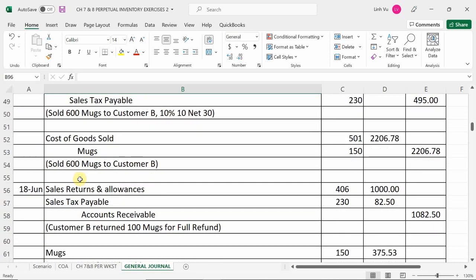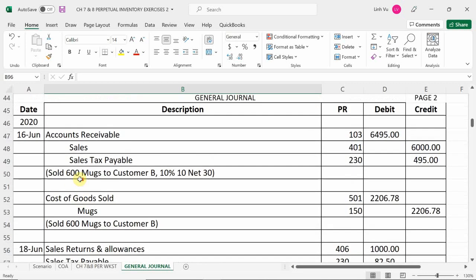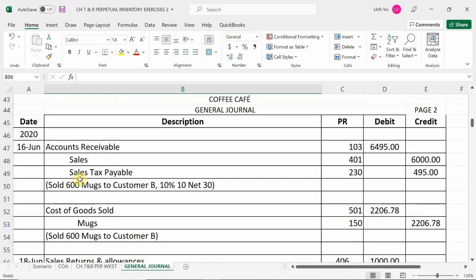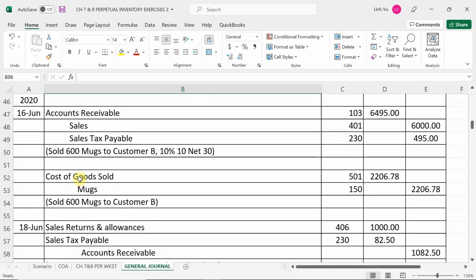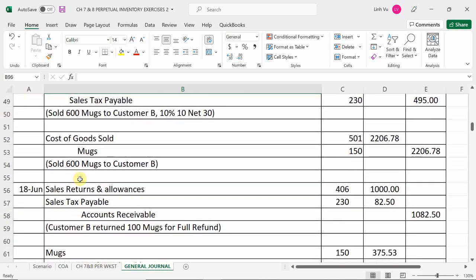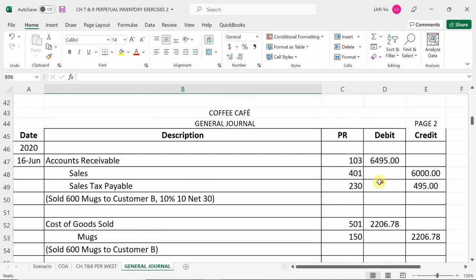So whatever 6,000 minus 1,000 is going to give you 5,000. So that's the amount that we can discount, because when we're looking at this, we only really sold 500 mugs at $10 each. So in this case, my discount's going to be based off of the $5,000.